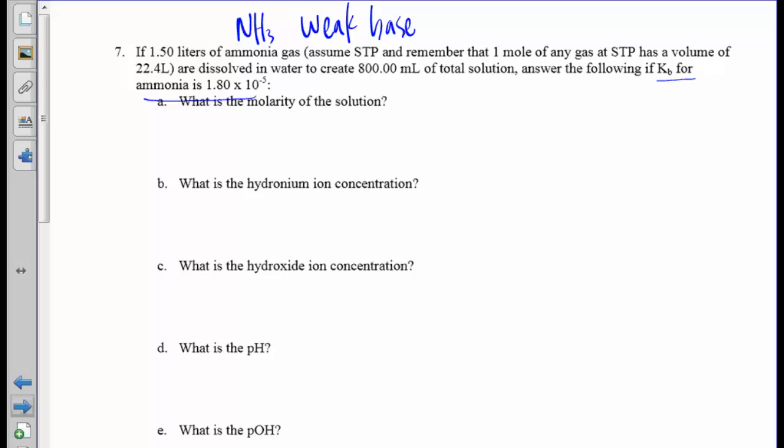Well, we can find the molarity of this solution much like we found the molarity of the solution in number 5. We're given the volume of ammonia that we're dissolving into the solution. We can use that 1 mole at STP is 22.4 liters to convert the volume in liters to moles, and then we can divide that by the total volume of the solution in liters.